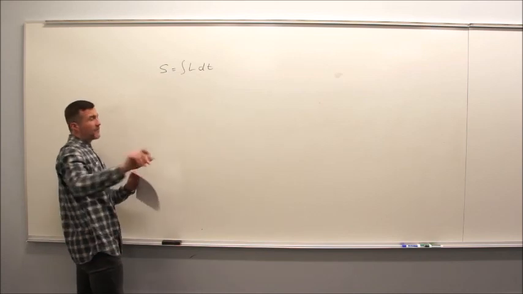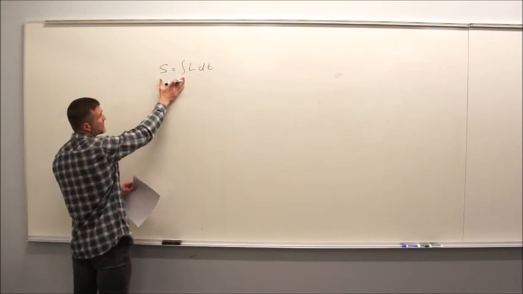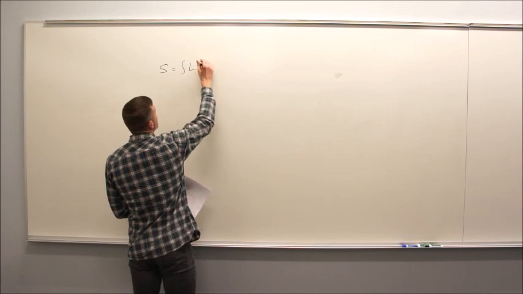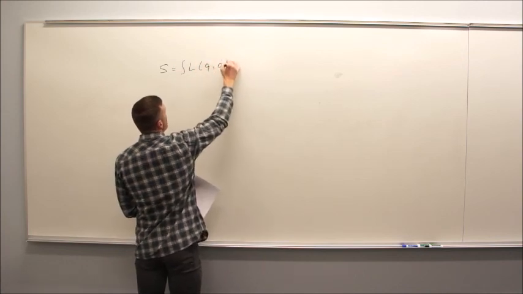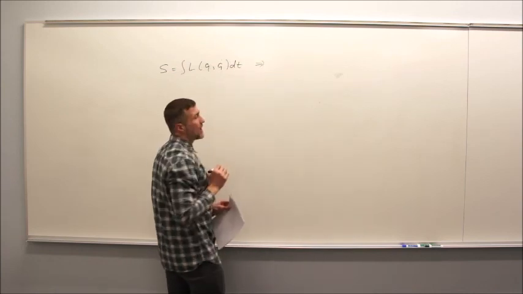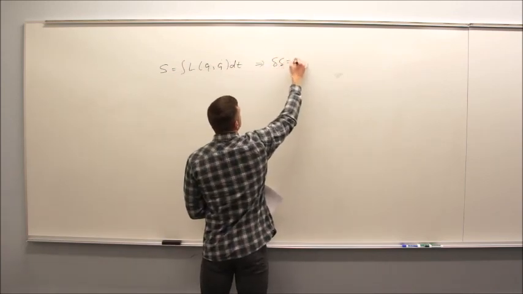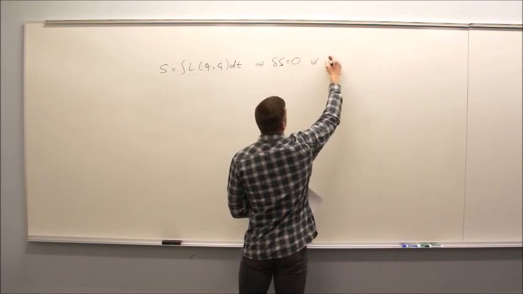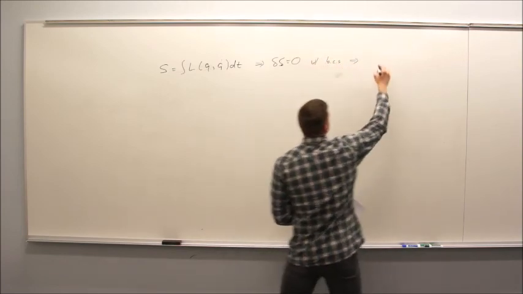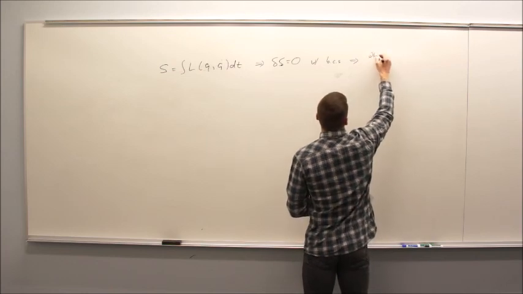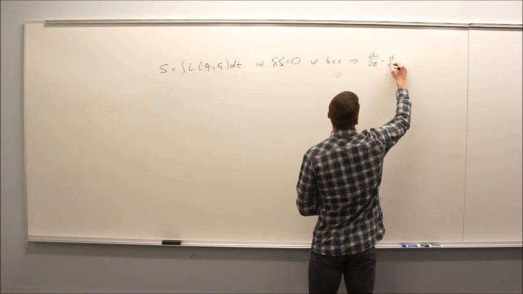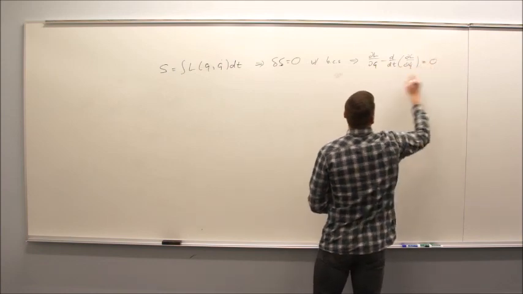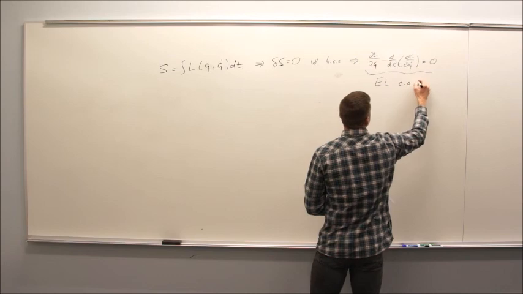One thing that you should be comfortable with from intermediate mechanics is that if I define an action as the time integral of a Lagrangian, where this Lagrangian is a function of generalized coordinates and their velocities, then if I insist on zero variation of the action under a deformation of the path with some prescribed set of boundary conditions, this gives rise to a set of conditions which we write as partial L partial q minus d by dt of partial L partial q dot equals 0, which you all identify as the Euler-Lagrange equations of motion.